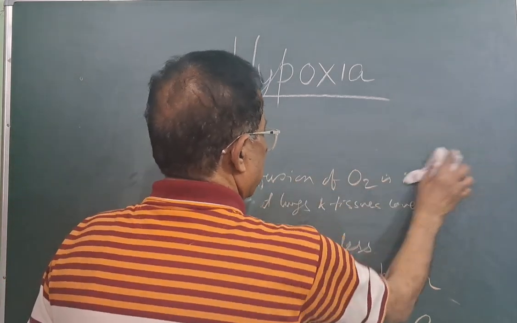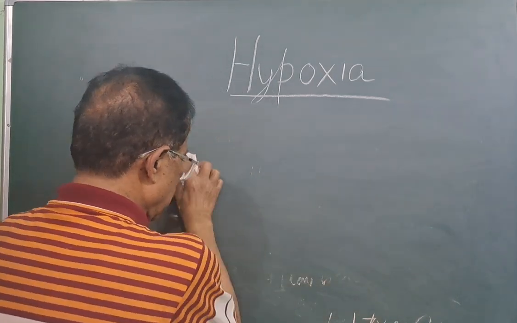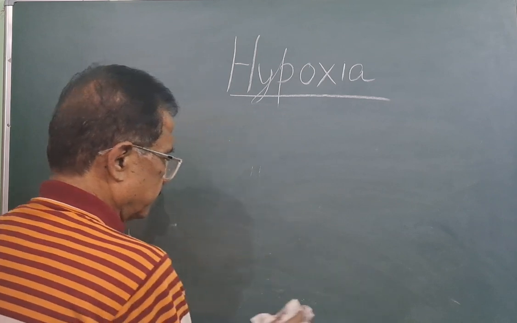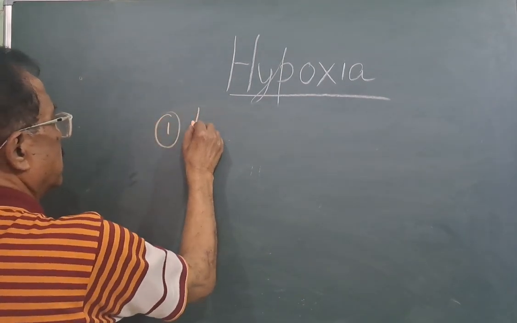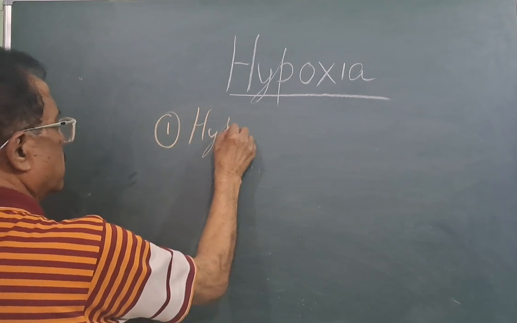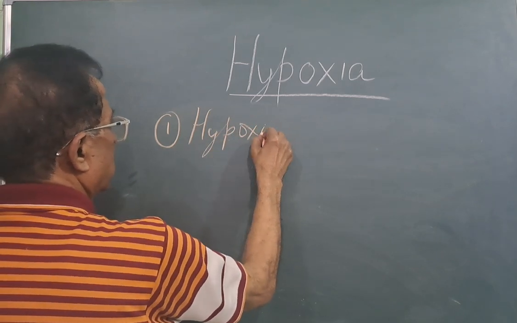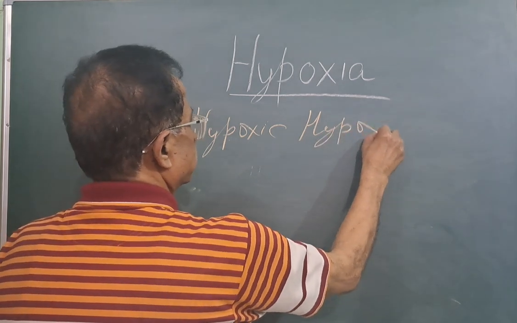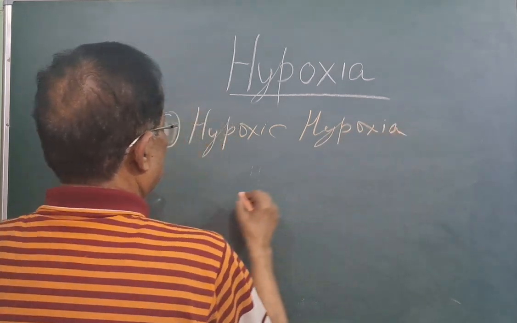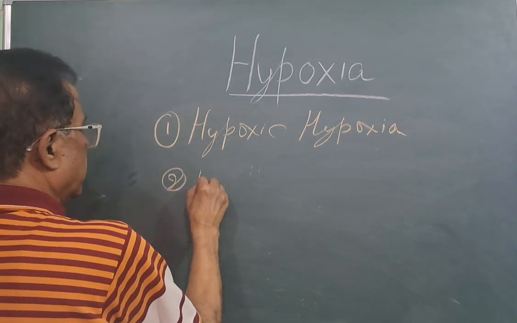Types of hypoxia. Number 1, hypoxic hypoxia. Second, anemic hypoxia.